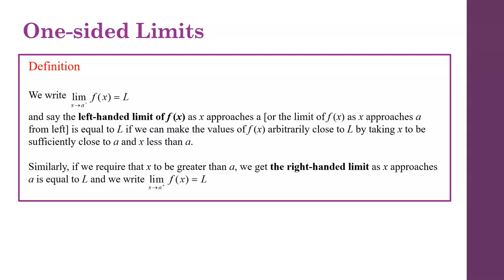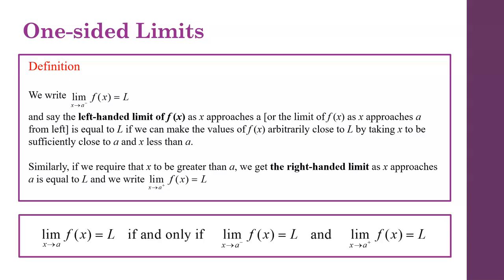Okay, and for us to actually say a function has a limit as x approaches a, we must have both the left limit and the right limit equal to the same value, right?